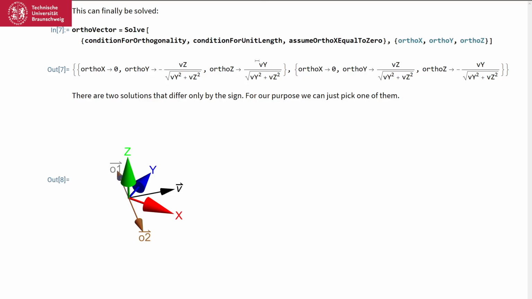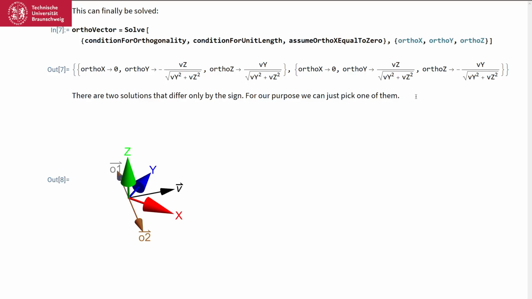Okay, now we have our conditions that should give us an orthogonal vector. The way we do this in Mathematica is we say Solve, we give the conditions, the condition for orthogonality, the condition for unit length, and assuming also x equal to 0, and we solve this for ortho x, ortho y, and ortho z.